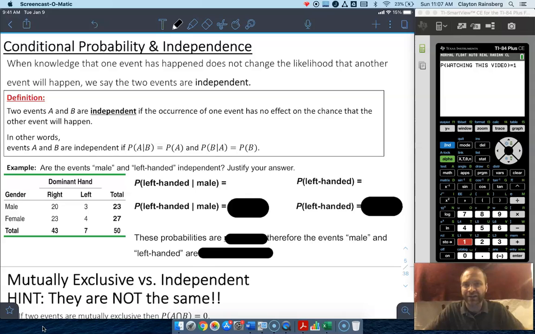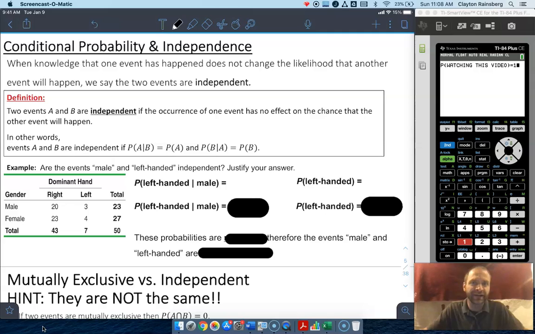That probability did not change because event B happened. It stayed consistent. And that's what independent means. The probability is going to stay consistent no matter what happened in that other event. Or we could do it the other way: probability of B given A is going to equal probability of B. Event B is not influenced by event A occurring. The probability is consistent. It is equal.